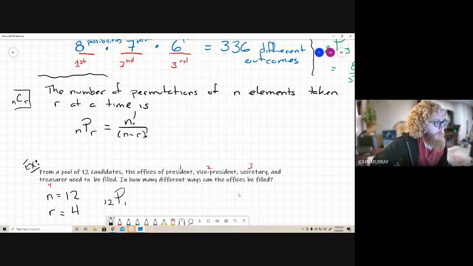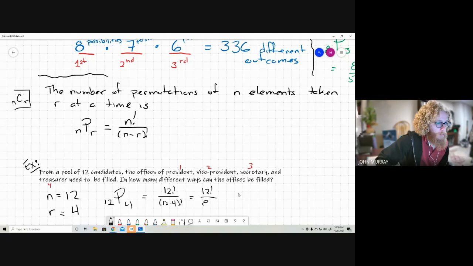So we're going to have 12P4. We're going to have 12 factorial over 12 minus 4 factorial, which is going to leave us with 12 times 11 times 10 times 9. The quick way to do it is to count the numbers down from here to before the denominator, so I stop before I reach 8.